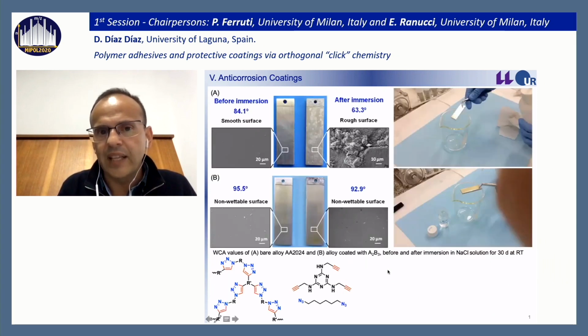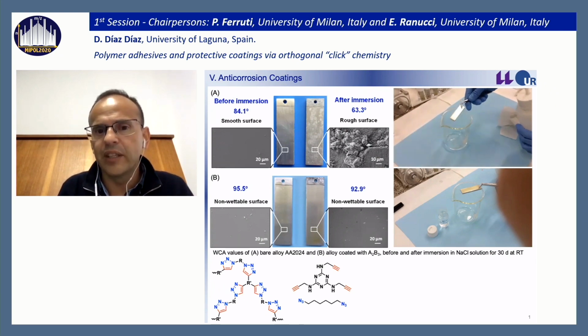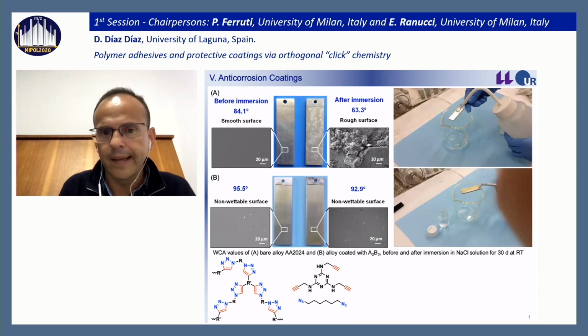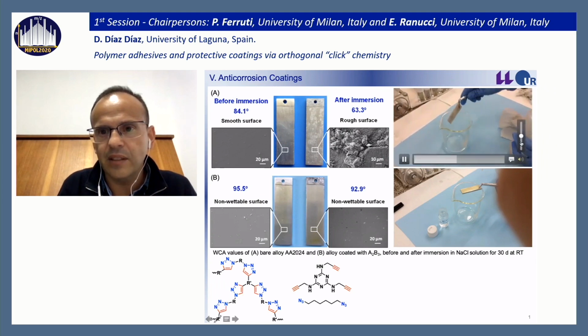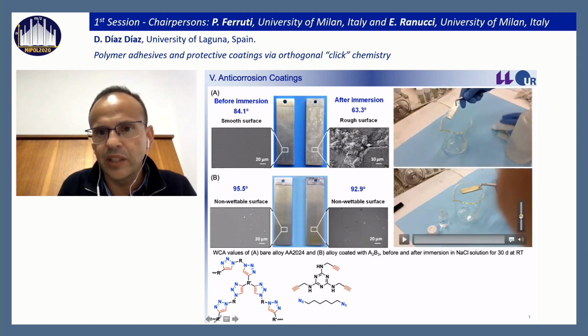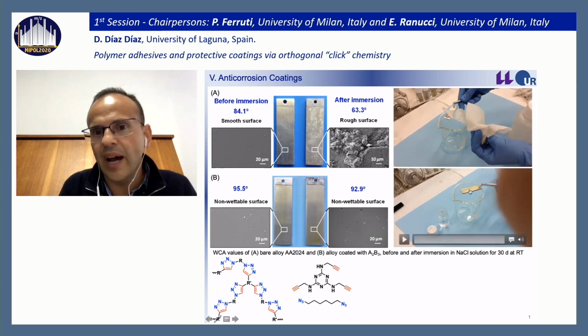As you can see here, another interesting thing is that you can control the water contact angle, so the wettability of the surface. In these two videos, you can see that depending on the monomer, you can get a very wet surface or a dry surface.